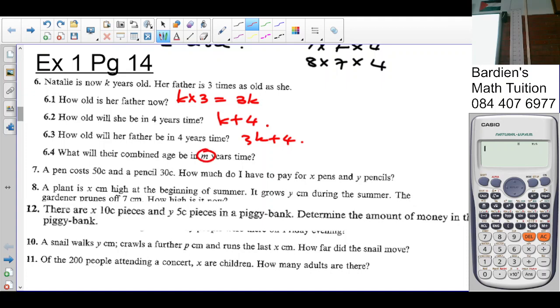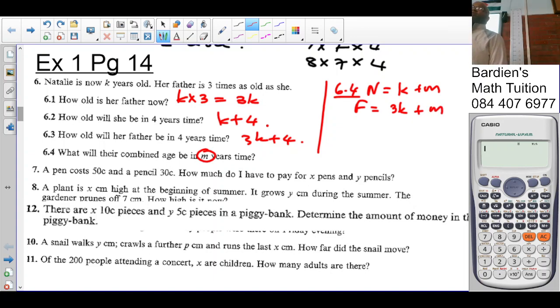M. So, how old will Natalie be in M years' time? K plus M. The father? 3K plus M. Not so. It's nothing to do with the 4.